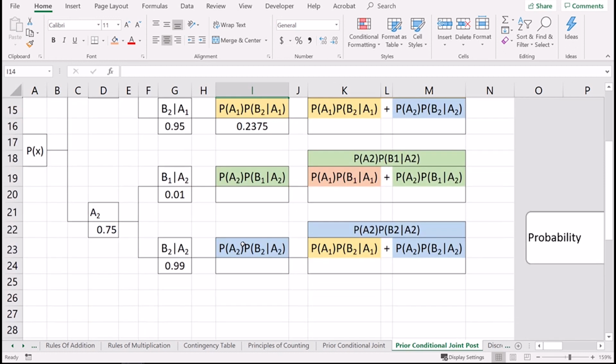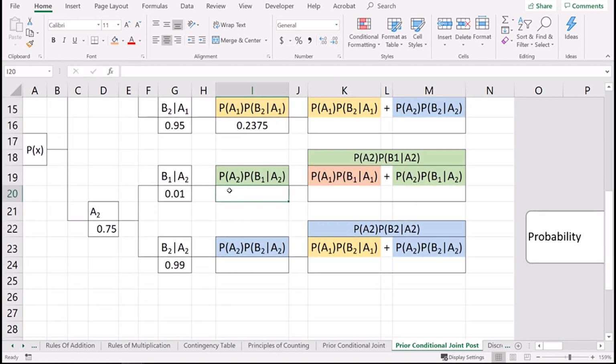Okay, so moving down here, somebody read this for me. Tell me what this says. The probability of A sub 2 and B sub 1 given A sub 2. But tell me what that means in words.